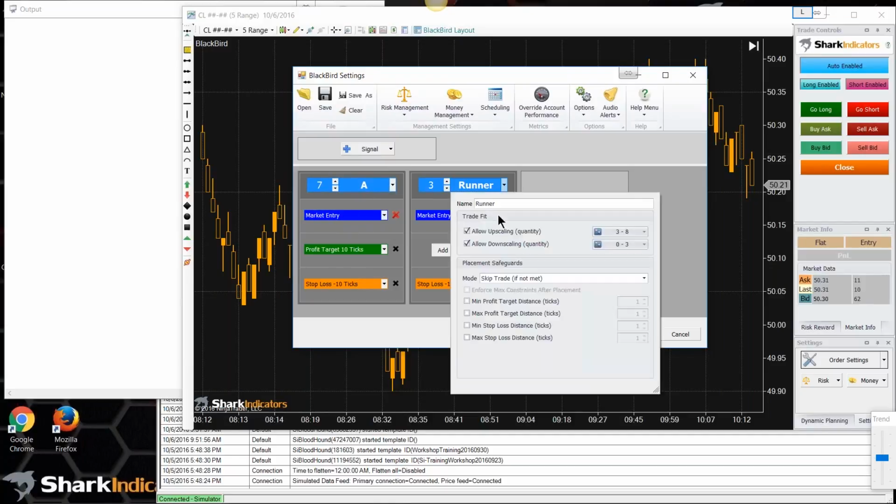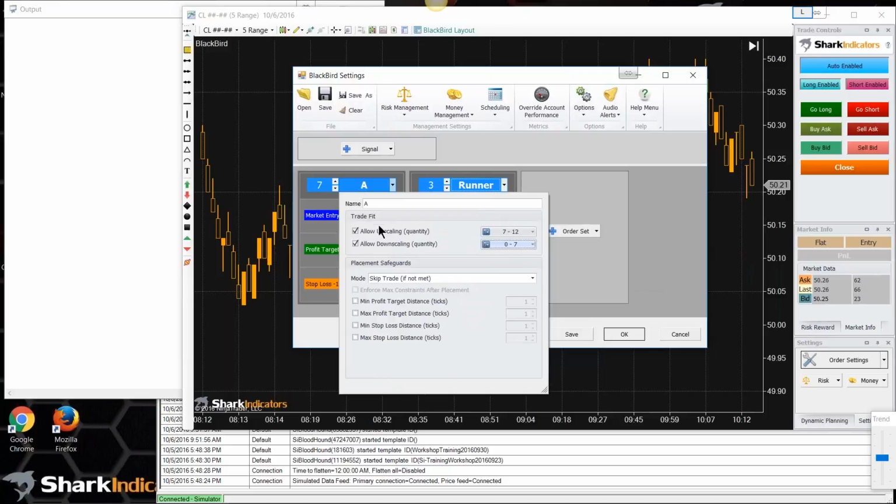So if your runners are more important, then what we could do is, for the downscaling, we could set the slider to rigid. So that means it makes it more difficult for BlackBird to reduce the number of runner contracts than it would order set A. So order set A is set to flexible.